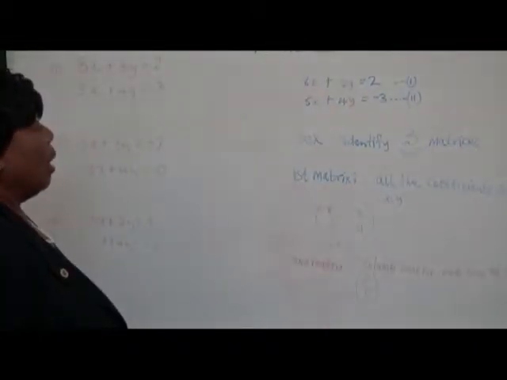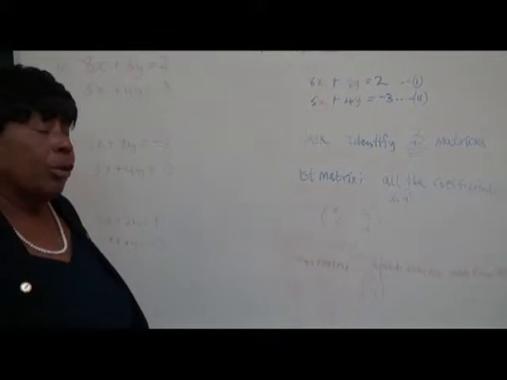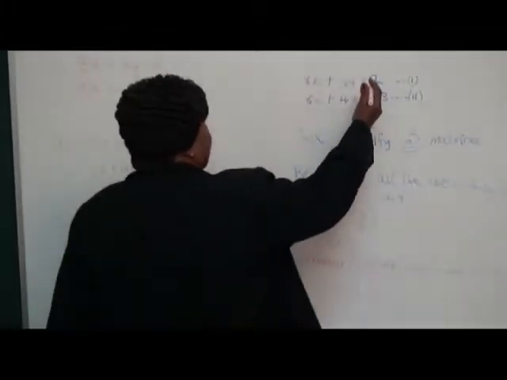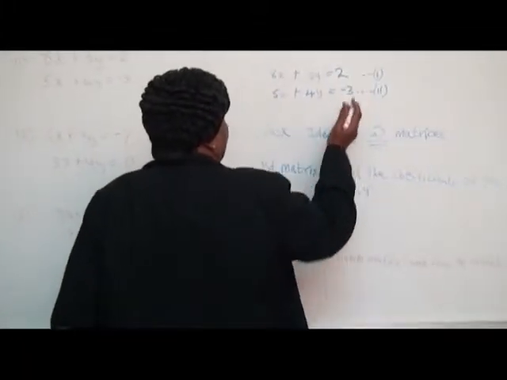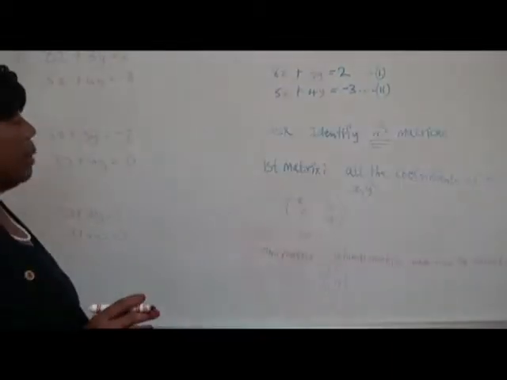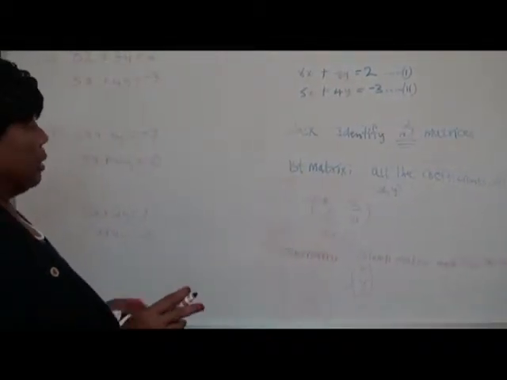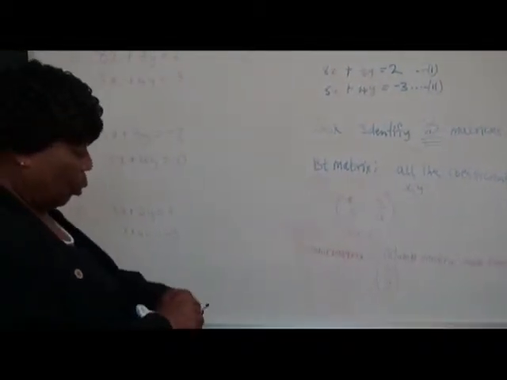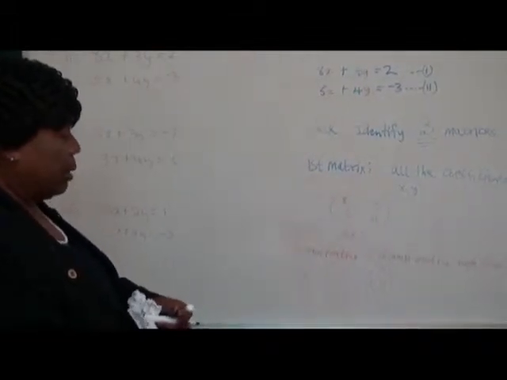And then our third matrix would come from the numbers after the equal sign, the constant terms, as I'm calling them, who are screaming and saying we want to be enclosed in curved brackets too.